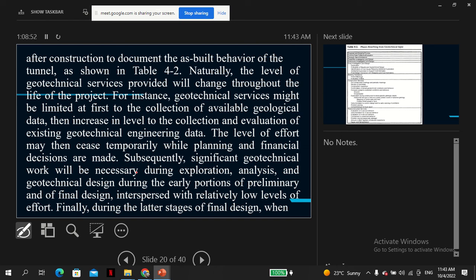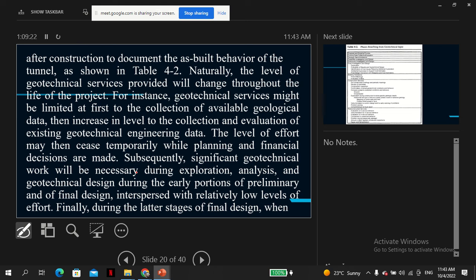So naturally, the level of geotechnical services provided will change throughout the life of the project. For instance, the geotechnical services might be limited at first to the collection of available geological data, then increase in level to the collection and evaluation of existing geotechnical engineering data. The level of effort may then cease temporarily while planning and financial decisions are made.